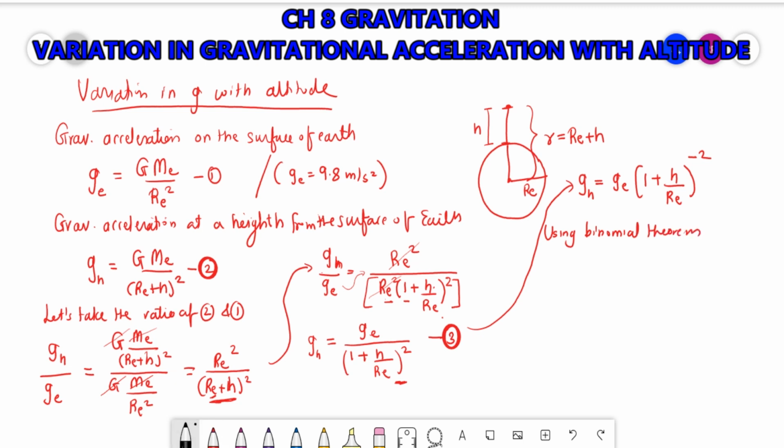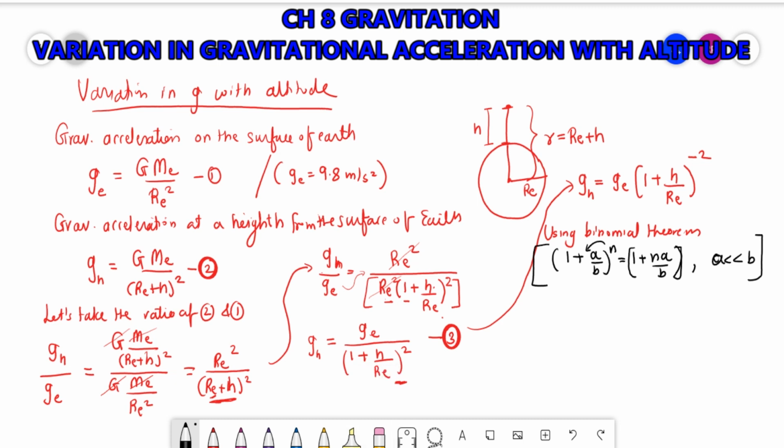If there is a fraction like 1 plus a by b whole raised to n, and if a is much lesser than b, meaning the numerator is very small compared to the denominator, then this reduces to 1 plus n a by b.